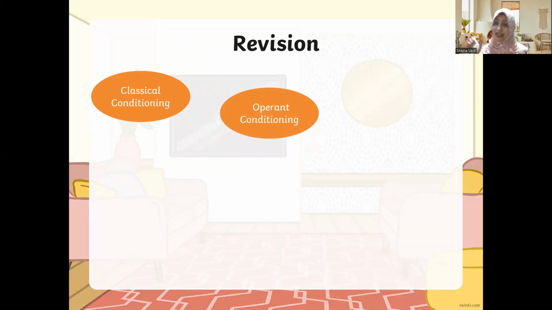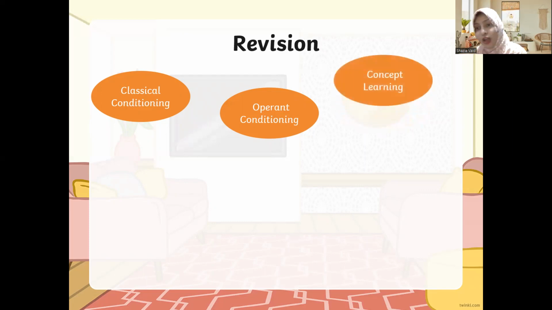We learned the negative outcomes and the positive outcomes. Okay, if positive reinforcement is given, the child will learn to repeat that behavior. And if a negative outcome is there or negative reinforcement is given, the child will learn to avoid those behaviors.